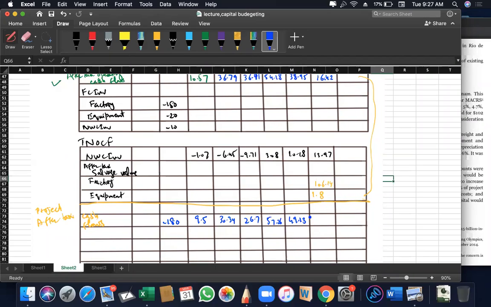So you get 138.33. So these are the cash flows that we have to use further for project evaluation. Okay. So this was the topic, how we can find after tax incremental cash flows from cash flows.